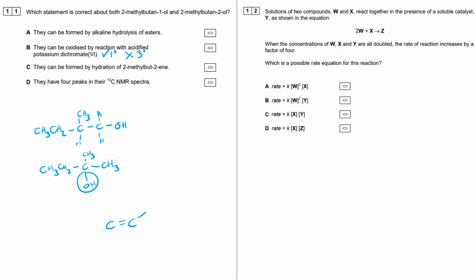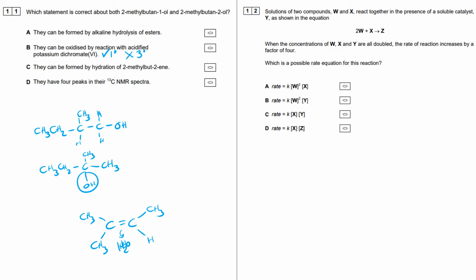Can they be formed by the hydration of 2-methyl-but-2-ene? So if you've got your but-2-ene there, carbon 2 is going to have your CH3 there. So can you hydrate it to form butan-1-ol and butan-2-ol? If it's hydrated, you're going to add a water molecule onto either carbon 2 or carbon 3.